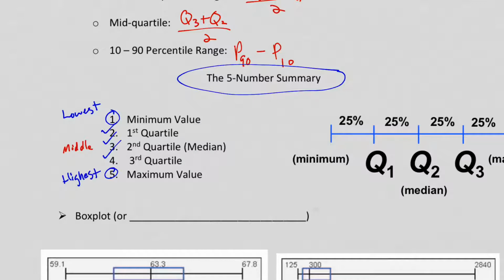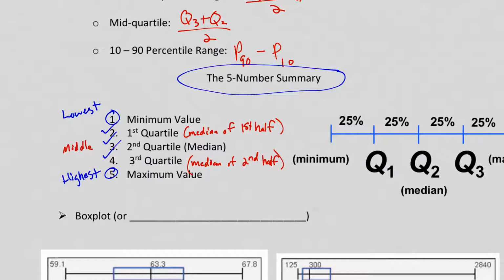So this would be the median of the first half, and this is the median of the second half.